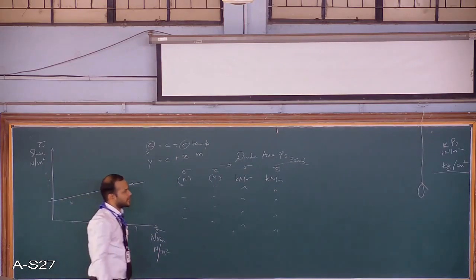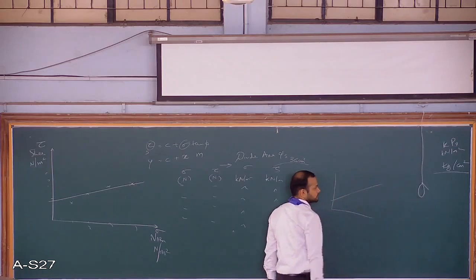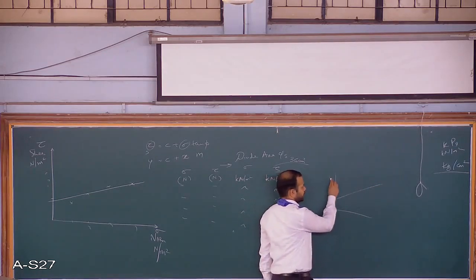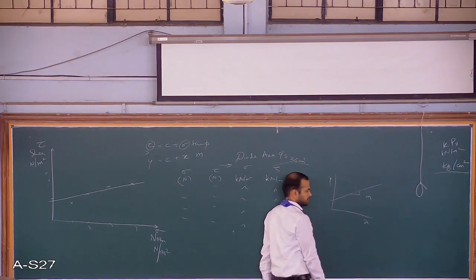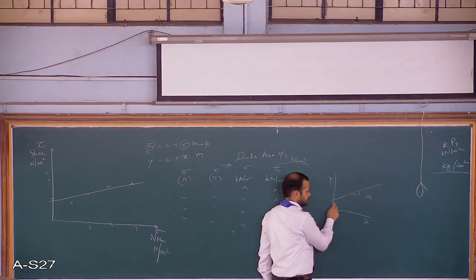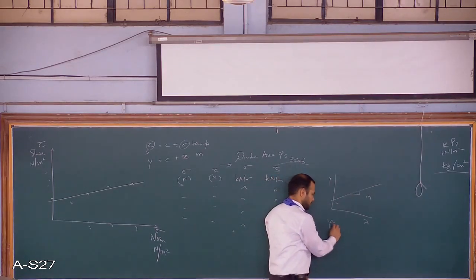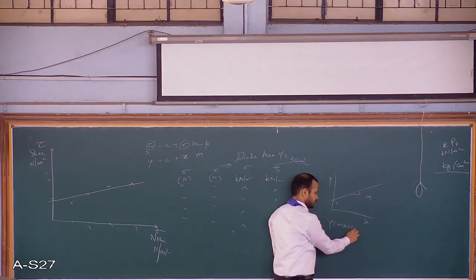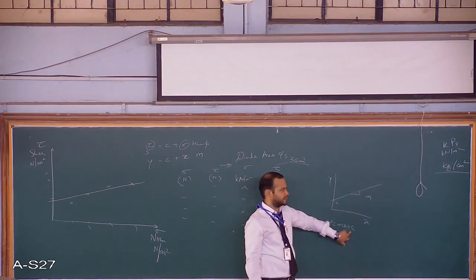Remember this equation, y equals mx plus c. So this is y, this is x, this slope is m, and this intercept is, I'll call it c. So the equation of this line is y equals mx plus c. I hope you know this.